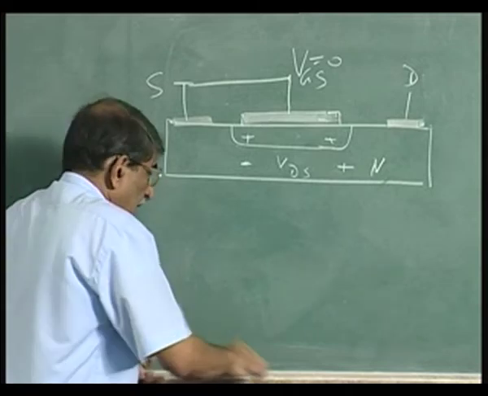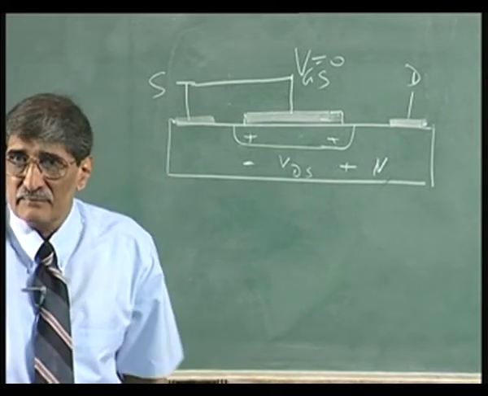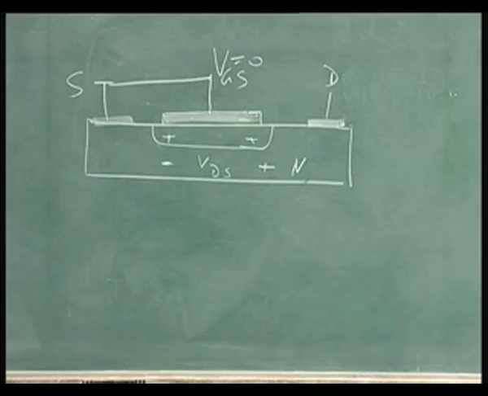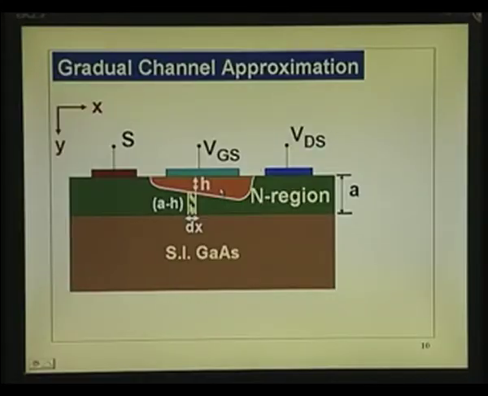As a result of that, that is what I plotted here. The depletion layer here becomes wider. Here it is VBI if it is 0, here it is VBI plus VDS. At any point here, it is VBI plus V of x. I hope that point is clear enough.